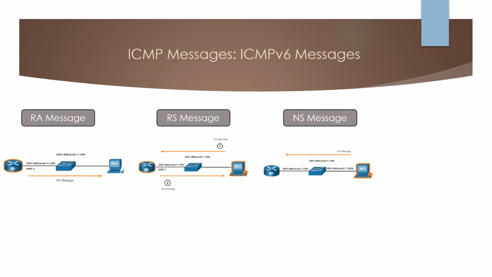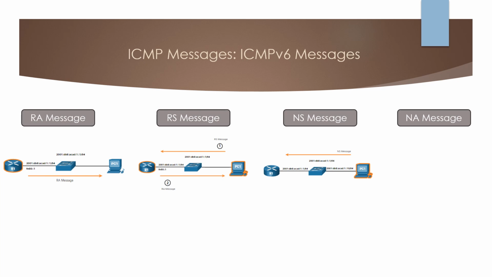And the last message is neighbor advertisement. This happens when address resolution is used and when a device on the LAN knows the IPv6 unicast address of a destination but does not know its Ethernet MAC address.